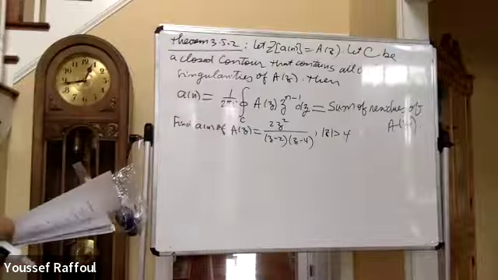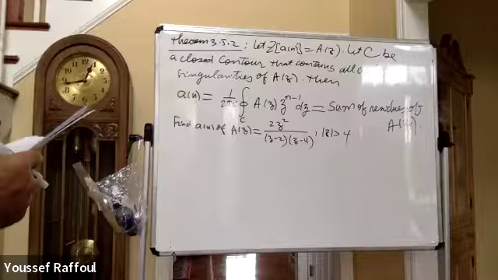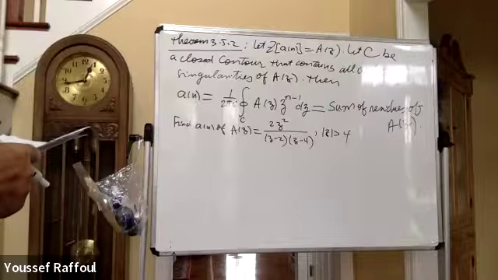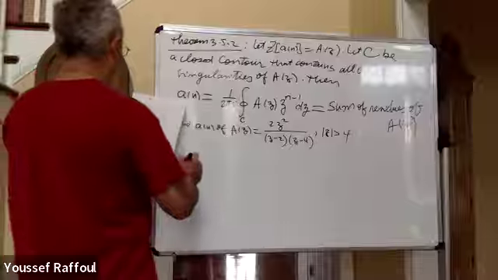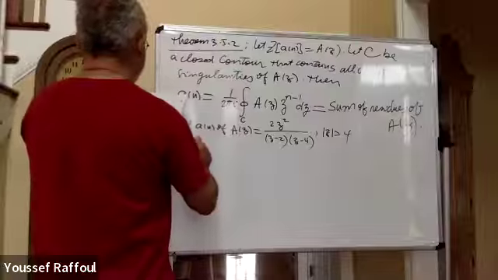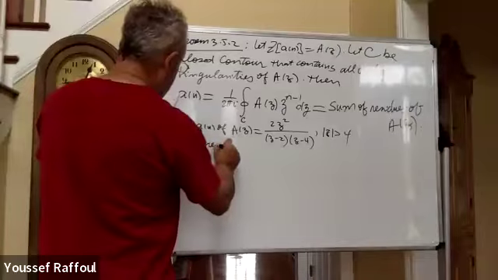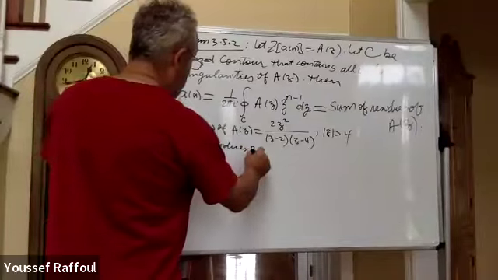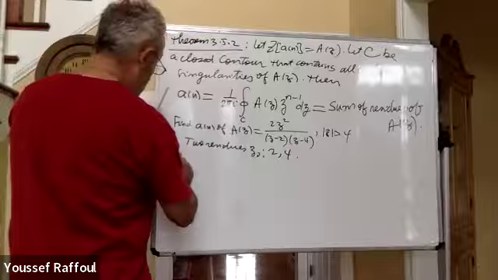I mean, you may do this one by partial fraction, but let us see how we use the z inverse, the singularity. So what is alpha 1? We have this function, we have two poles z naught. So we have 2 and 4.